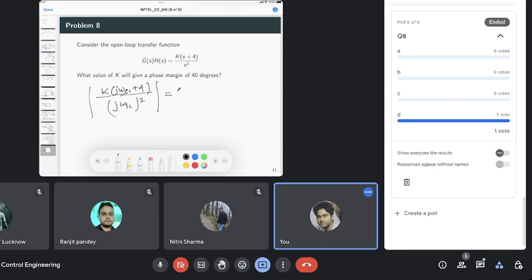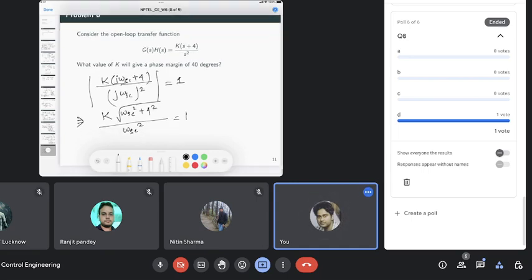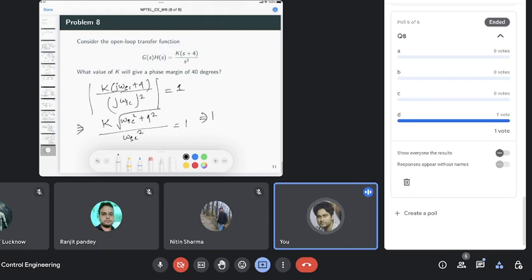This implies that k times square root of omega squared plus 4 squared, divided by omega squared, is equal to 1, so k should be equal to omega squared divided by the square root of omega squared plus 4 squared.